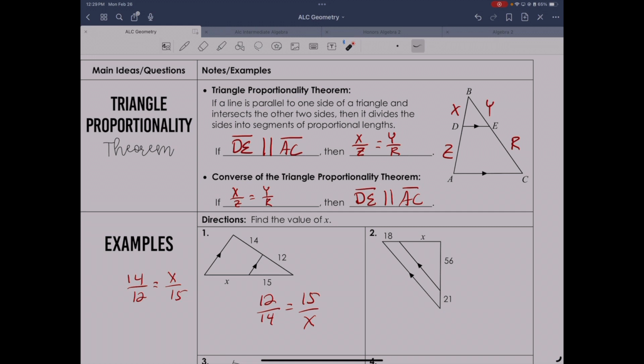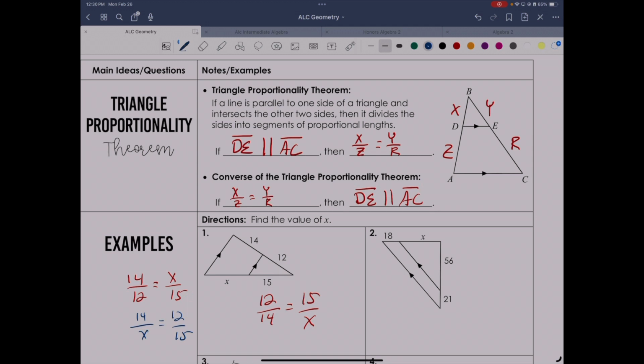As long as the segment you're looking at is consistent, 12 over 14, so the small part to this part, equals the small part to this part. Part over part equals part over part. If I like to see it like this, I can go 14 over x equals 12 over 15.